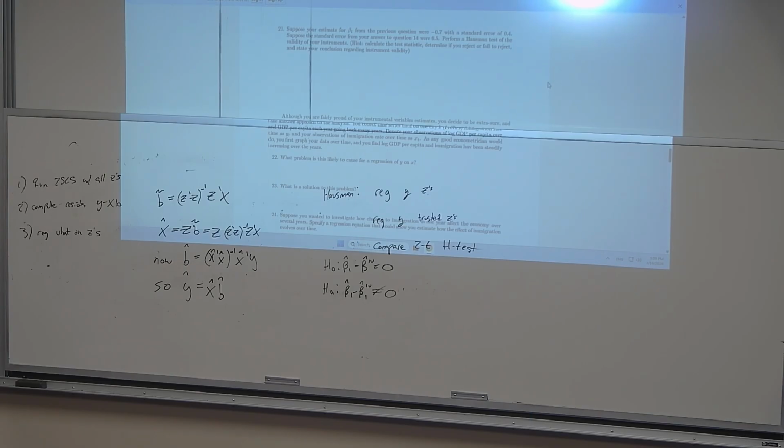So if we fail to reject, is it the same? What is an omnibus test for? It's to see if the instruments are valid. It's to test validity.